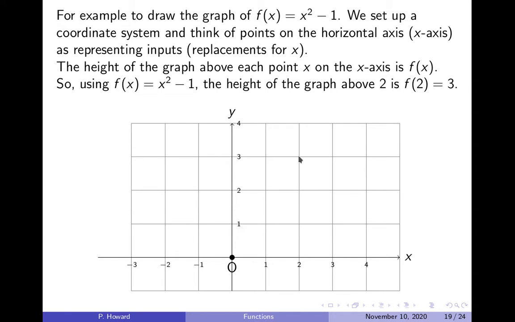So here at the point 2, 3, we will have a point on the graph. So what is 2, 3? It's the point whose horizontal coordinate is the input 2, and whose vertical coordinate 3 is f of 2, the output corresponding to 2.